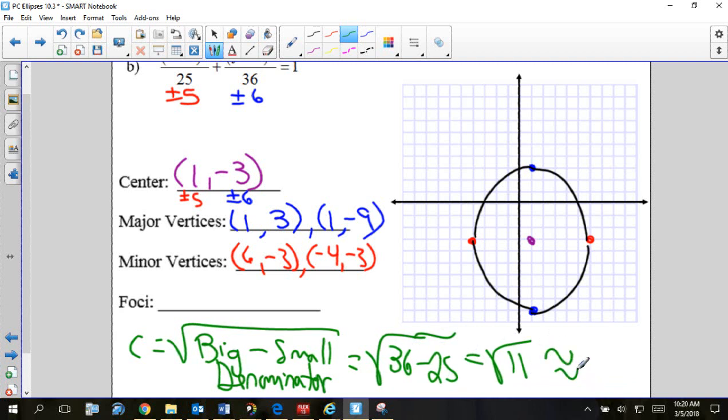We get square root of 11, and then I say which way is major, which way is longer, that's the y. So I'm going to add or subtract the square root 11 to the y center.